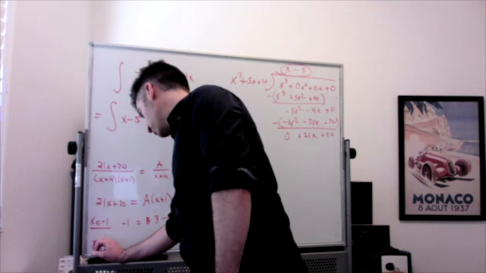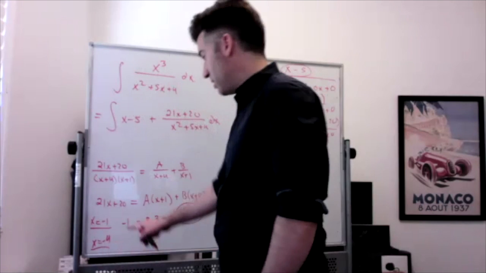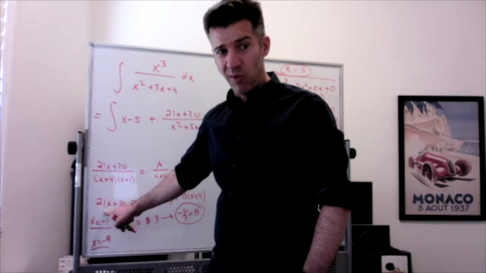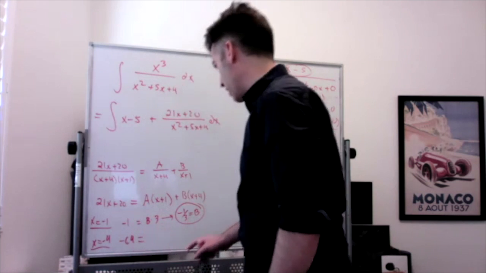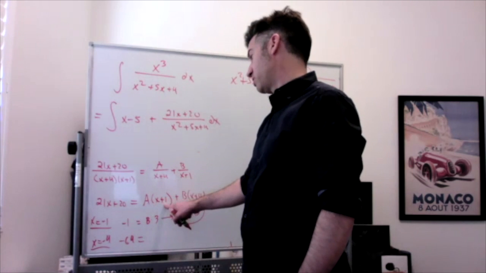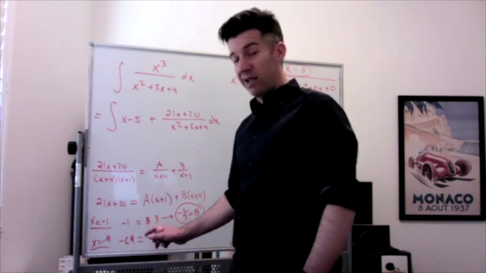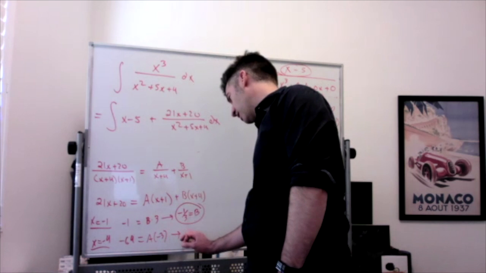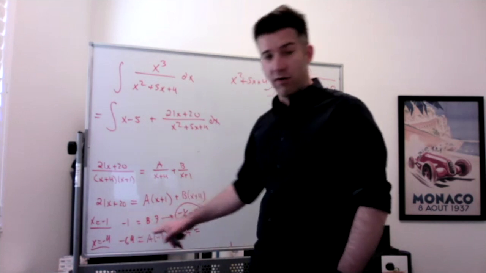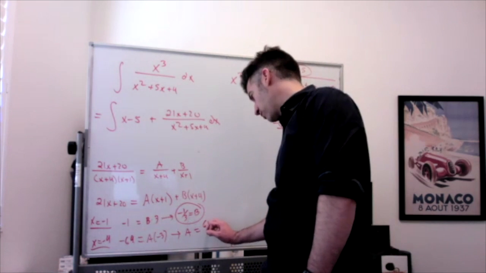Letting x equal to -4: -4 times 21 is -84, plus 20 is -64. And -4 plus 1 is -3. So you're going to get a times -3, so a equals -64 over -3, which is positive 64/3.